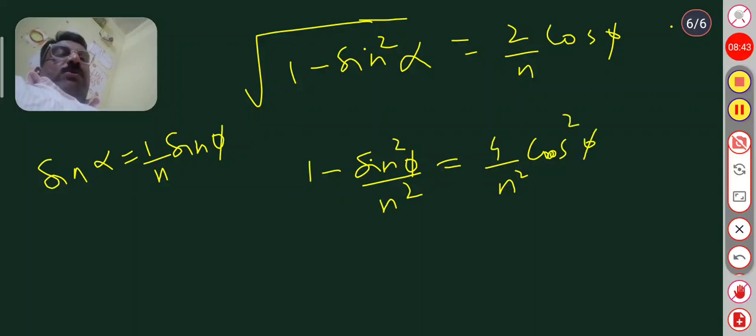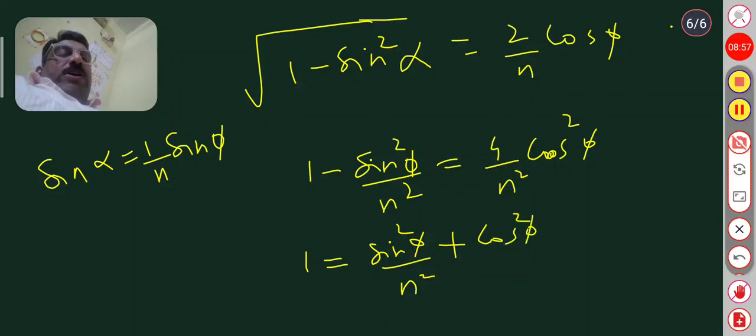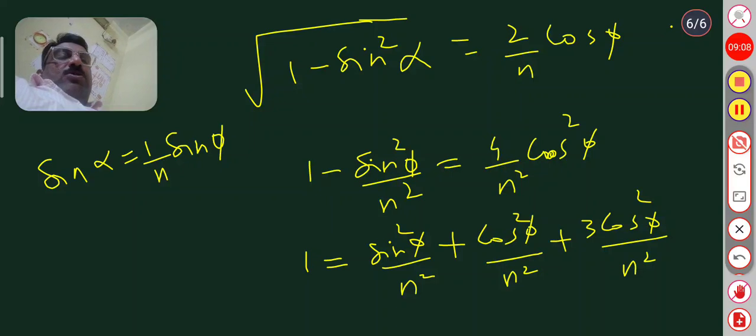So I'll take this sine square phi to the other side. It will become 1 is equal to sine square phi divided by n square plus 3 cos square phi divided by n square.